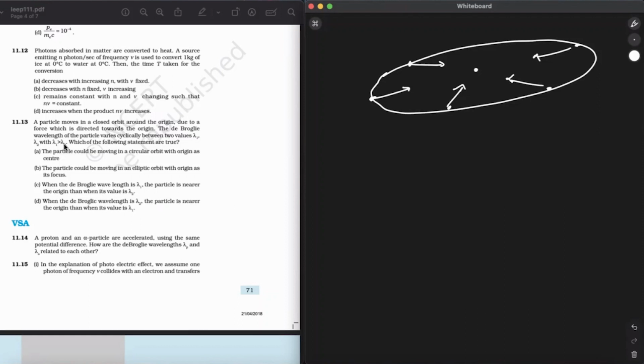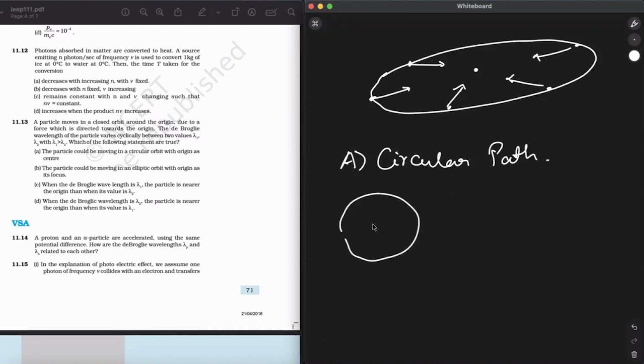Since lambda 1 and lambda 2 are different, see, if it is a circular path, case 1, I'll tell you, for a circular path. A circular path is like this. Every part, the distance from the center to the circumference is constant and is equal to r. So velocity is also the same at every point.